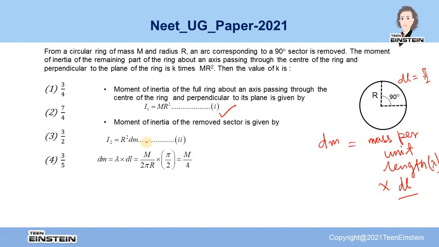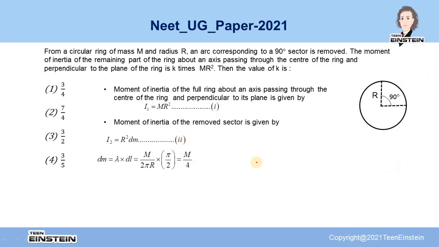Now if we plug this into equation 2, then we get the moment of inertia of the removed sector as M by 4 into R squared. Now what is the moment of inertia of the remaining part? We have to just subtract this I2 from I1 to get that.